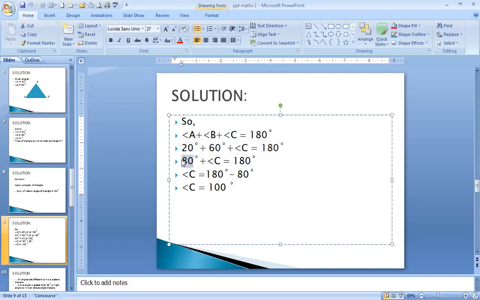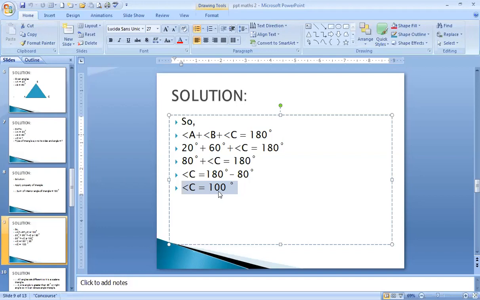Then move this 80 degrees from the left-hand side to the right-hand side, so the sign changes, and 80 gets subtracted from 180, and we get the answer 100 degrees. We have found our third angle, angle C, whose value equals 100 degrees.